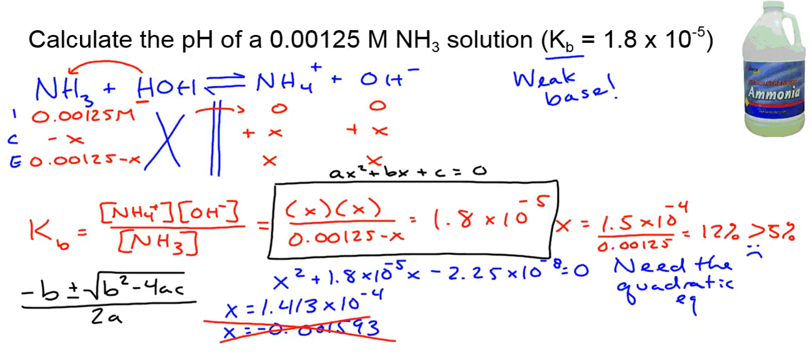So now that is going to be my x, which ultimately equals my concentration of OH. So how do I get to pH? Well, I need to utilize a few equations. The first one is going to be negative log of OH minus.